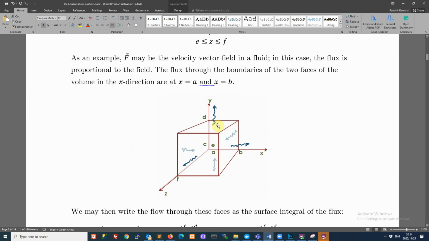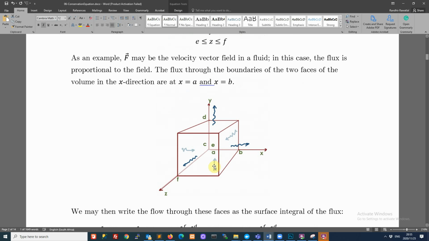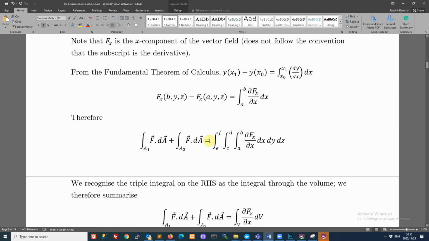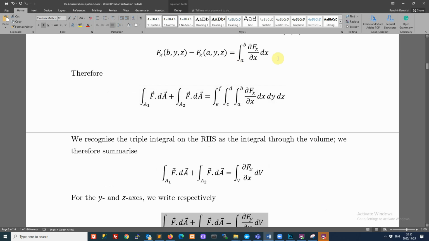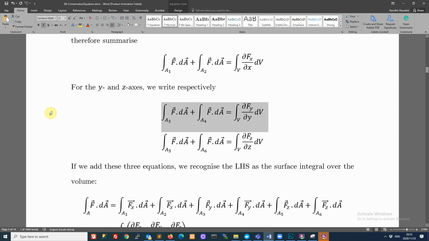So if you integrate over those two surfaces, the molar flux coming in here minus the molar flux going out there, then again the flux in this direction is opposite to the area vector, which is pointing downwards. Here the flux is in the same direction as the area vector pointing up. So following the same process as we discussed before, we get this similar formulation for those axes.